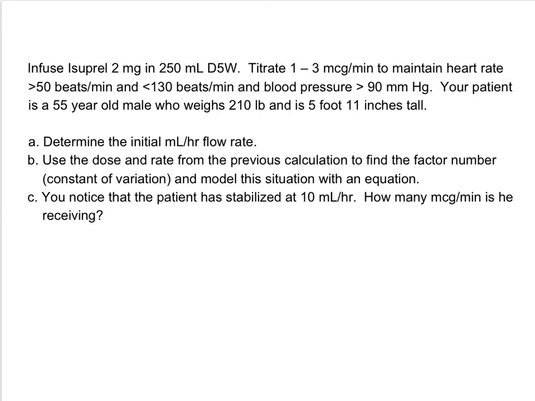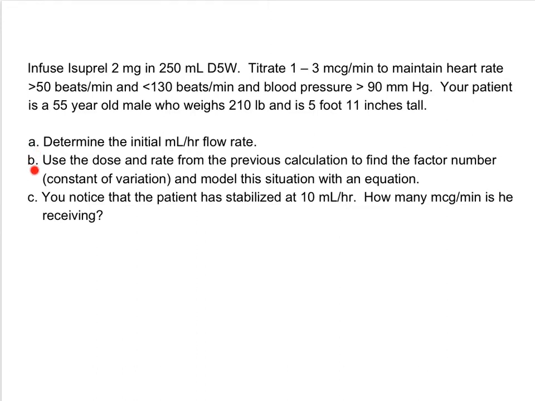So our patient, 55 years old, weighs 210 pounds, and we have the height. In this video, these are the pieces that I'm going to go over. We're going to take this information, and given this order, we're going to first determine what we need to administer via the IV pump. What rate do we need to calculate and then set for the IV pump to administer the minimum dose?